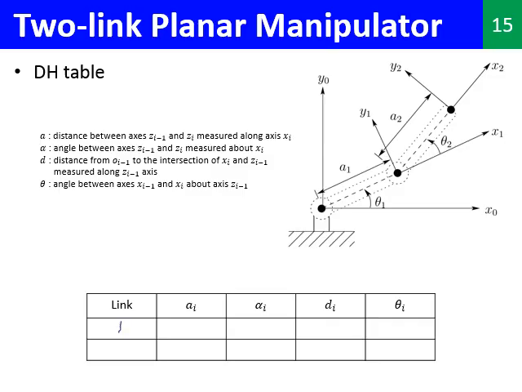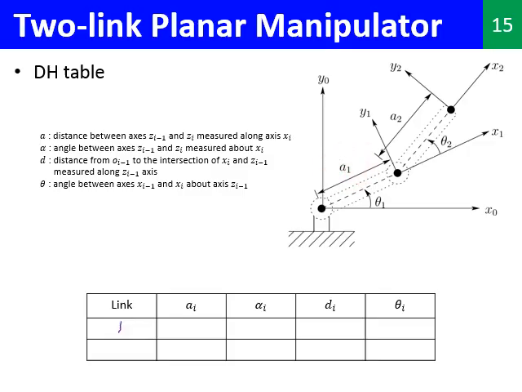First we have A1. It says in this definition, A is the distance between axis Z0 and Z1 measured along axis X1. So we are talking about this distance, and here it is A1, a constant value, right?